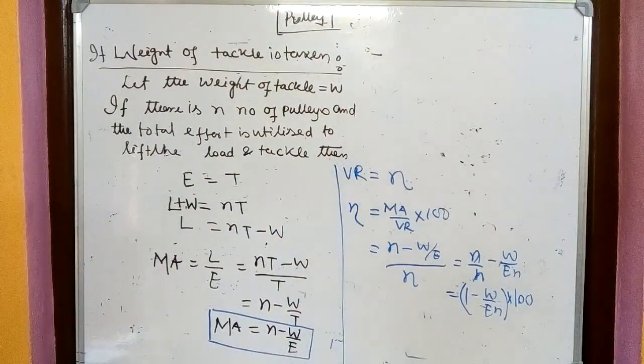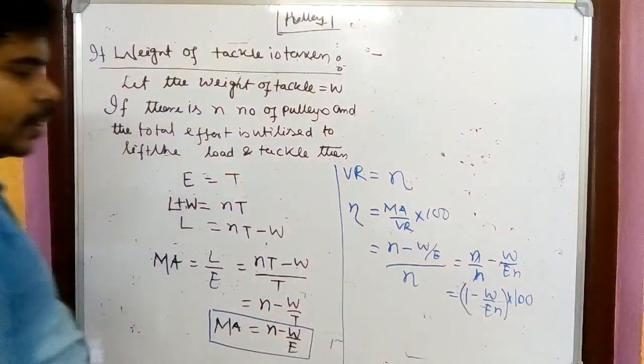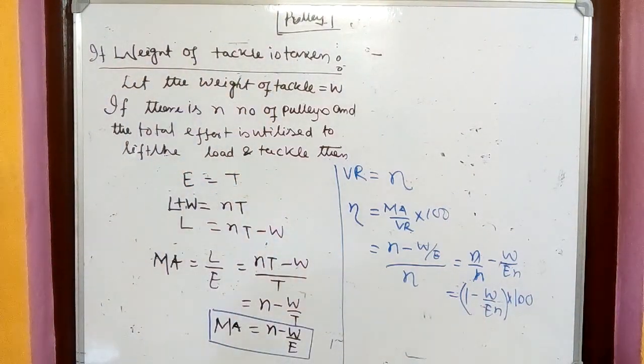Now you see, talking about efficiency, whenever we said that the whole tension is used to lift the load only, then efficiency equals 100%. Now your efficiency is decreased. Minus means the efficiency is decreased.